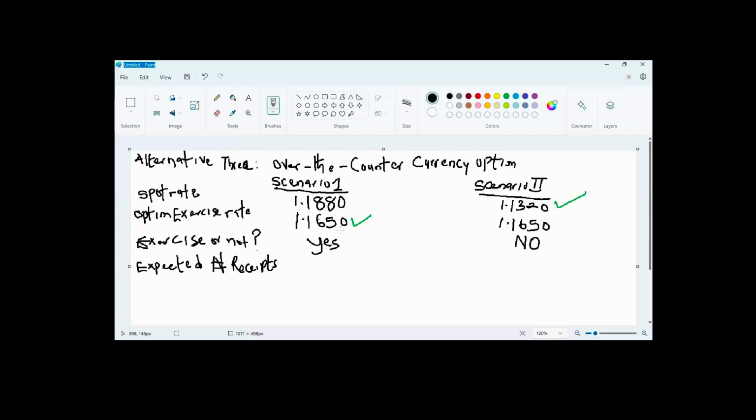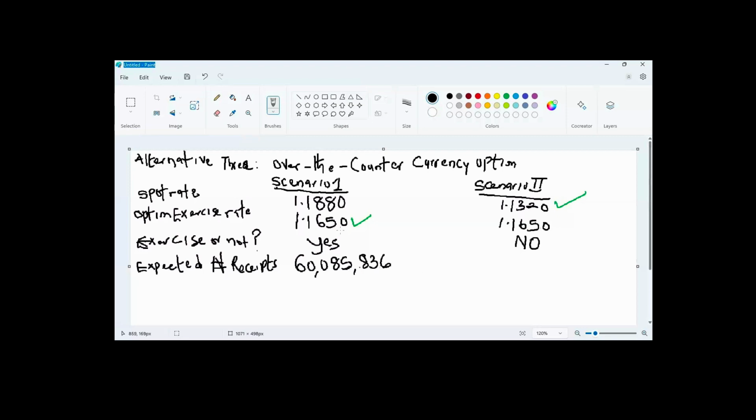So if I convert at 1.1650, the Naira amount is 60,085,836.